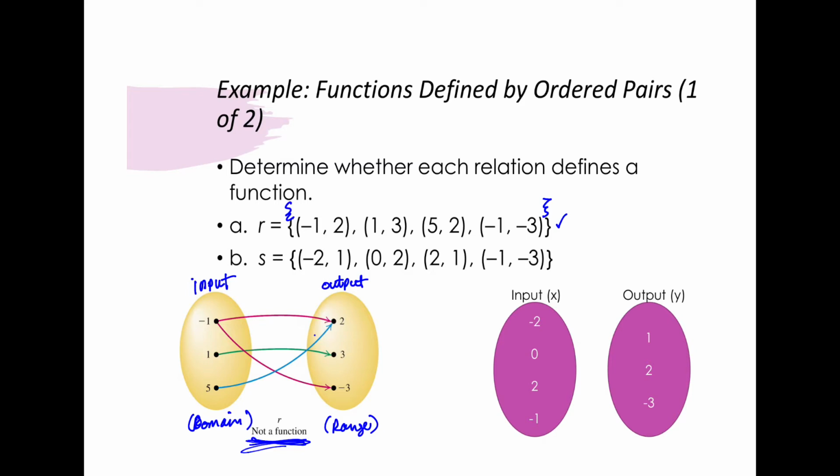All right, so the next question is, is the second one a function relationship? One way to evaluate that is to just draw out your inputs and outputs and see what kind of relation we have. So we had -2 going to 1, and then we had 0 going to 2, then we had 2 going to 1, and then we had -1 going to -3.